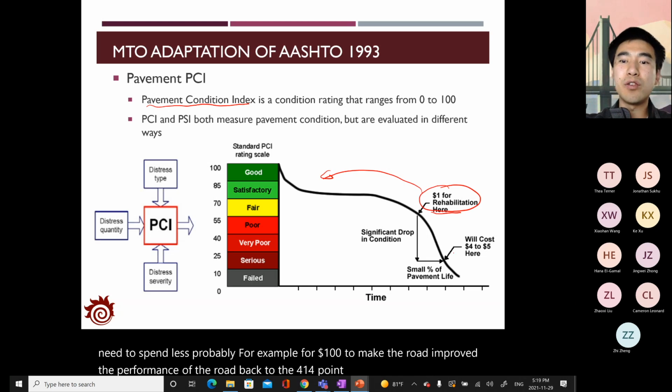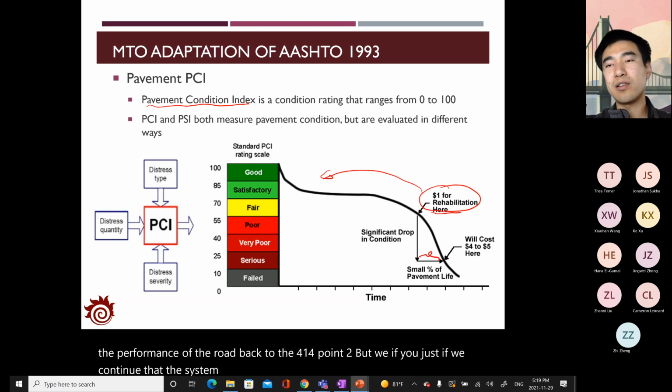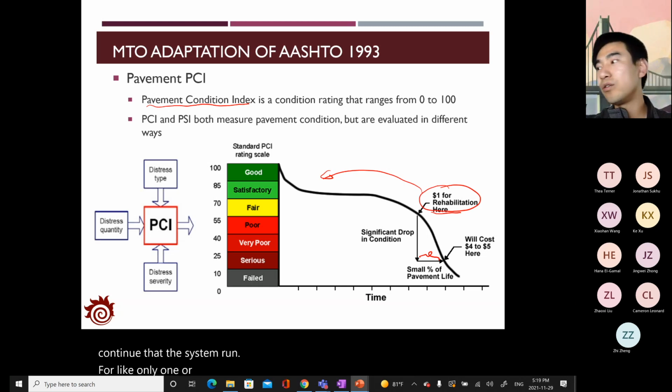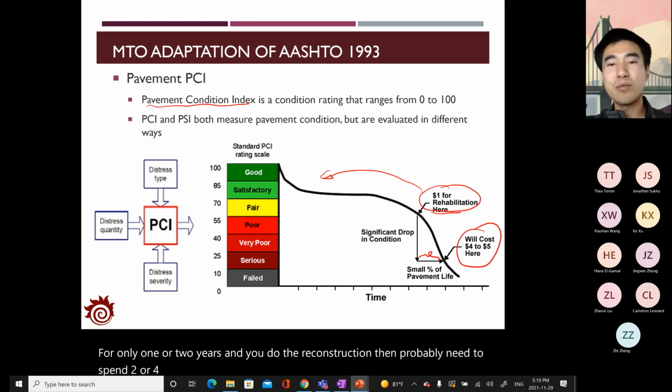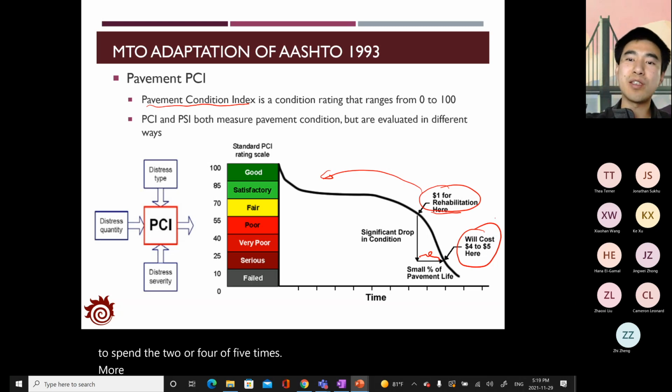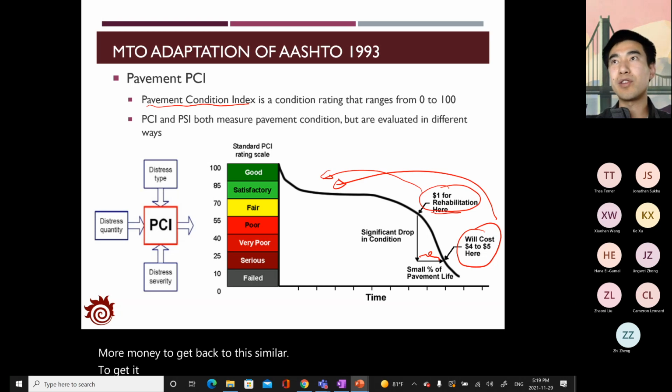But if we continue to let the system run for only 1 or 2 years, and then you do the reconstruction, then you probably need to spend 4 or 5 times more money to get back to similar performance of the pavement structure.